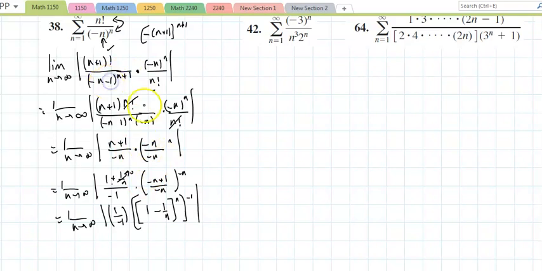Doesn't that make it minus 1? And that's going to make this a negative. And when I break those up, that's going to be a positive. So, isn't this the limit as n approaches infinity? Absolute value of 1 is 1. And isn't this e to the 1 raised to the negative 1?